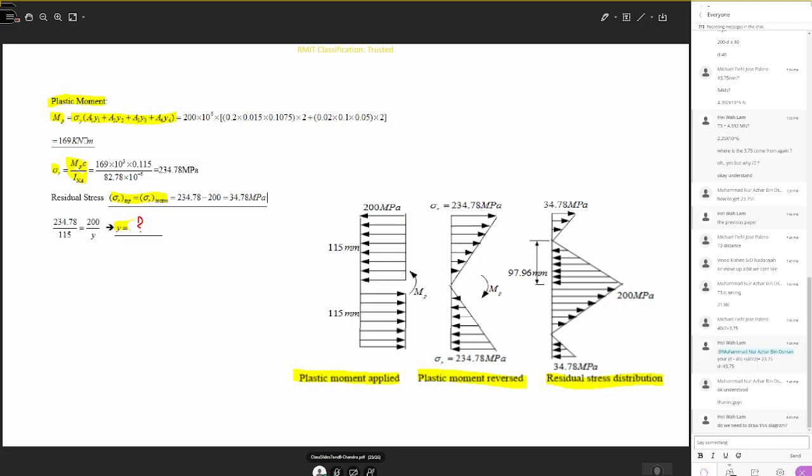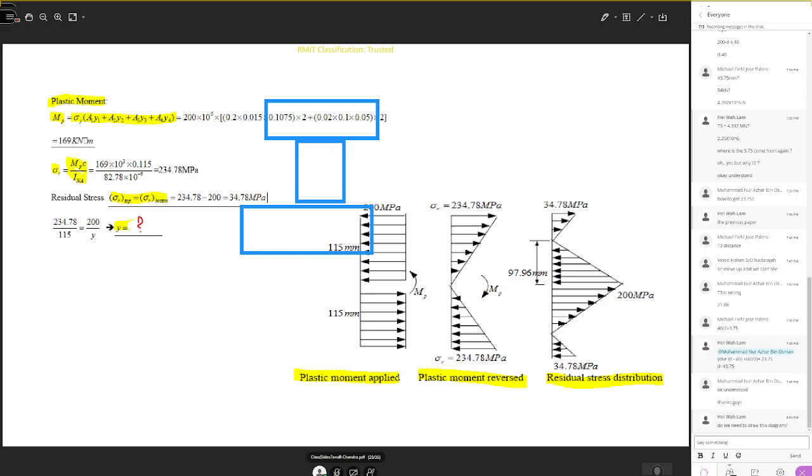So I'll just show you the figure. So if you take, okay, let us say your figure is something like this. So it's a perfect figure.